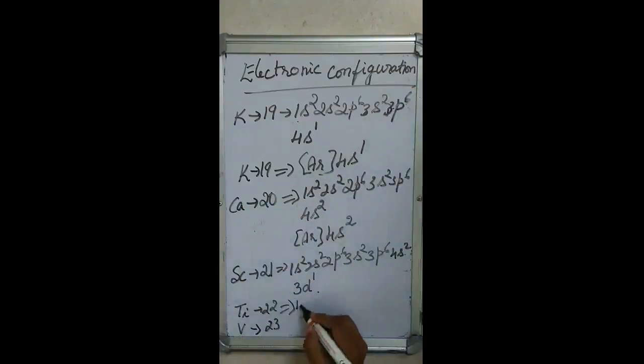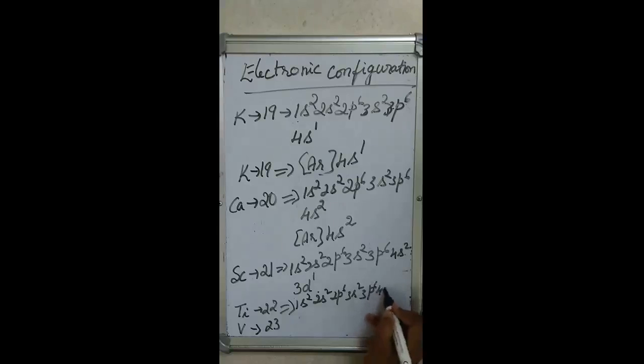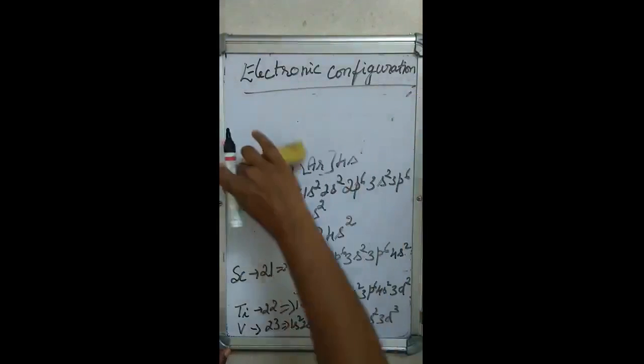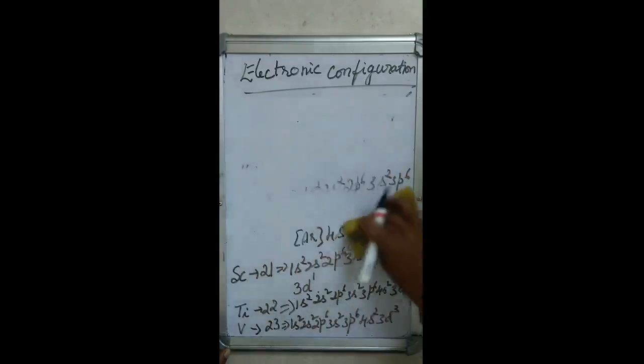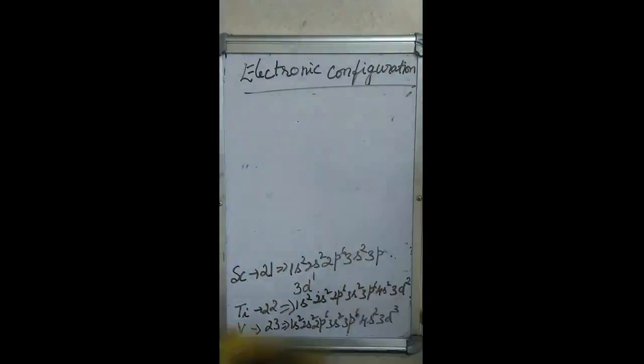So this also I will write: 1s2, 2s2, 2p6, 3s2, 3p6, 4s2, 3d2. Here vanadium 23: 1s2, 2s2, 2p6, 3s2, 3p6, 4s2, 3d3. Now chromium: chromium is an exception. This I will erase.